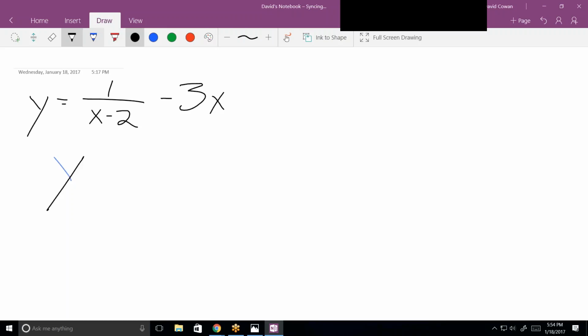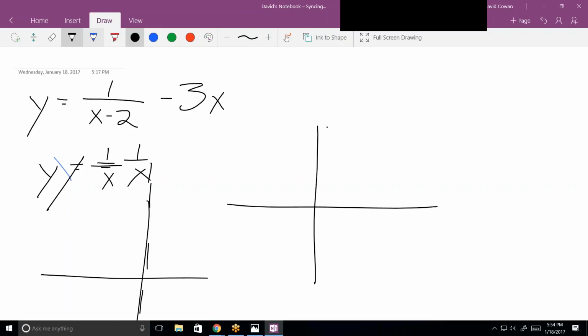Well, back to my y equals 1 over x. That's going to graph like this. Hyperbolic. And it has a vertical asymptote here and a horizontal asymptote there. So where is that not continuous?